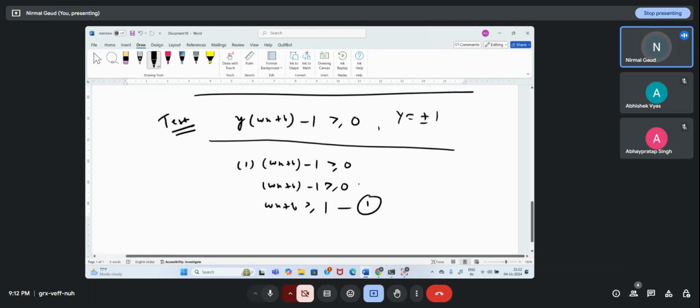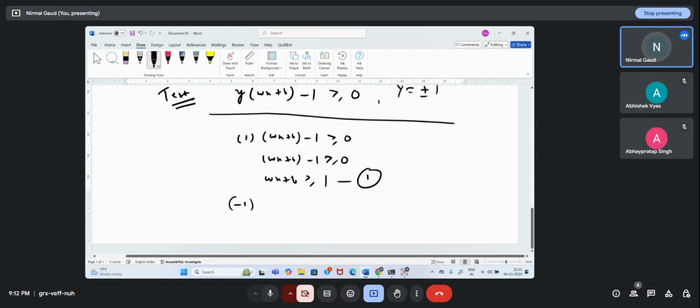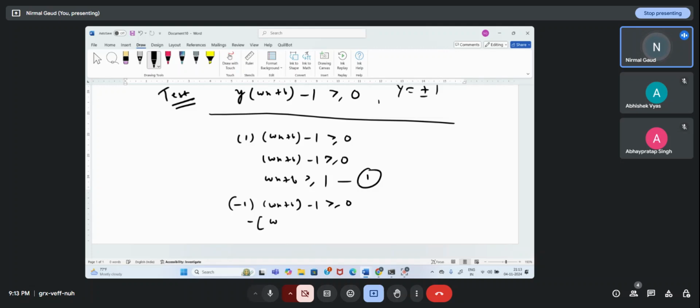Then you can put minus 1 now. So minus 1 times (wx plus b) minus 1 greater than or equal to 0. If you take the minus sign outside, you can write it like this: wx plus b plus 1 greater than or equal to 0, and with the minus sign the inequality reverses. So it will become wx plus b less than or equal to minus 1.